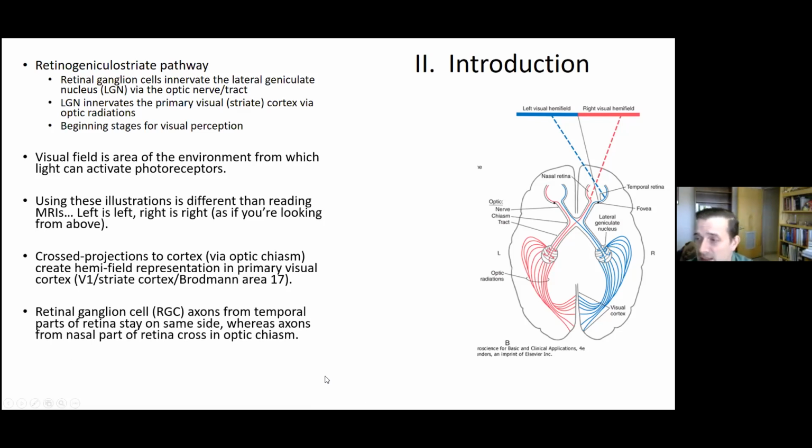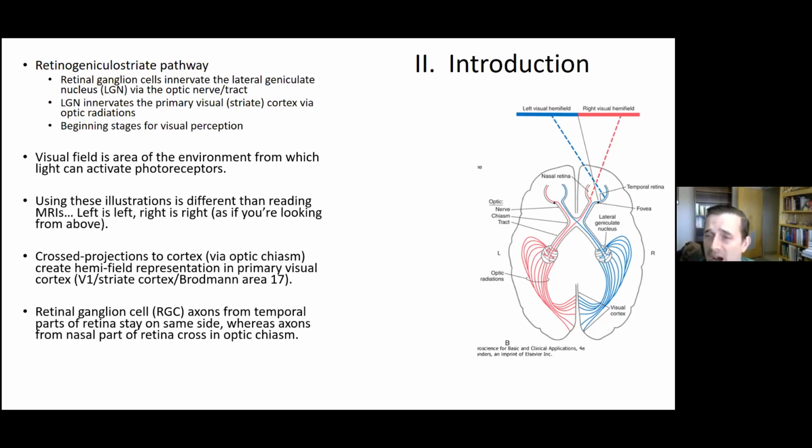The retinal ganglion cell axons from the temporal parts of the retina stay on the same side. So if you look at the lateral aspects of your eyeballs, looking at this diagram, we call this the temporal area, because it's near the temporal bone, where the temporal lobes of the brain are located.